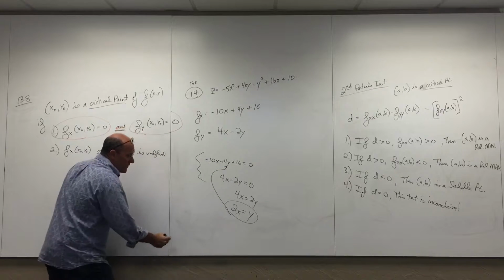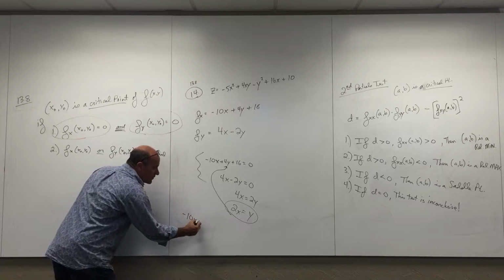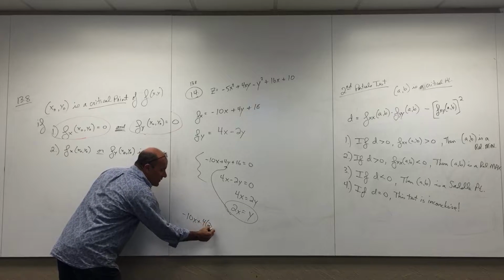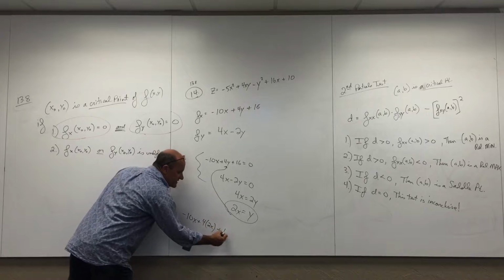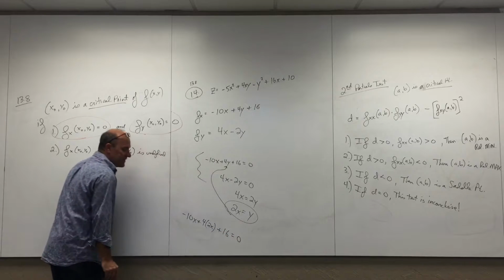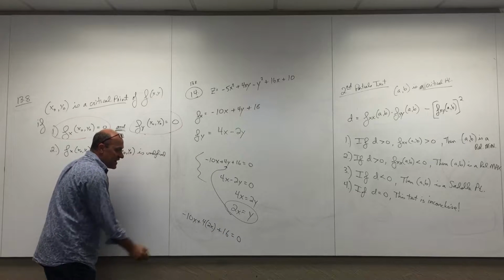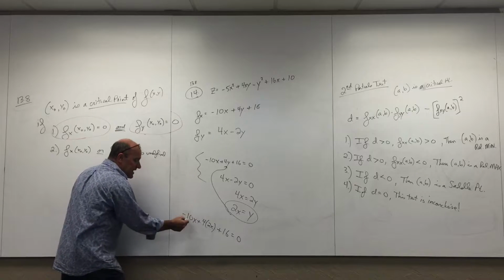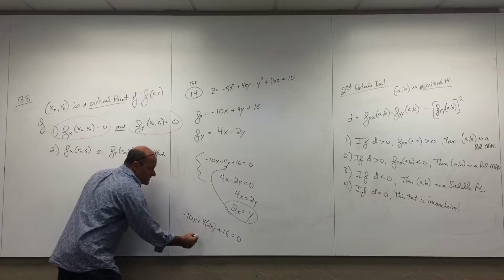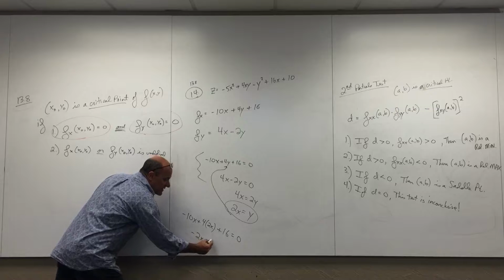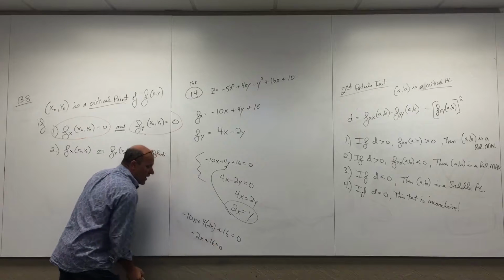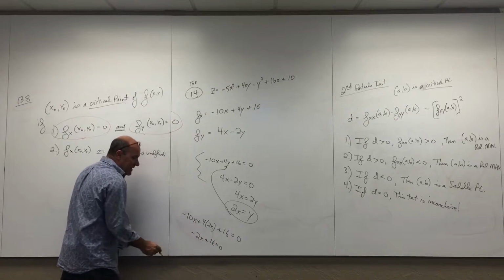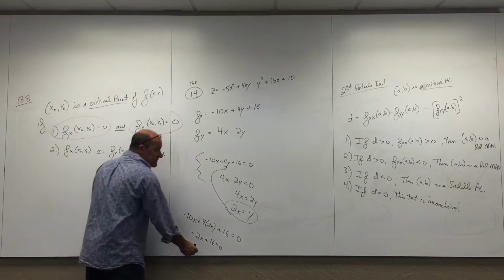So I'll have negative 10x plus 4 times y, which is 2x, plus 16 equals 0. That's negative 10x plus 8x, so negative 2x plus 16 equals 0. Move the 16 over, divide by negative 2. I think I get x equals 8.